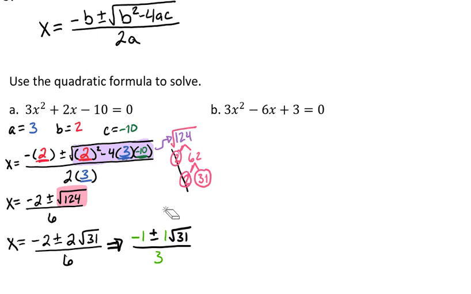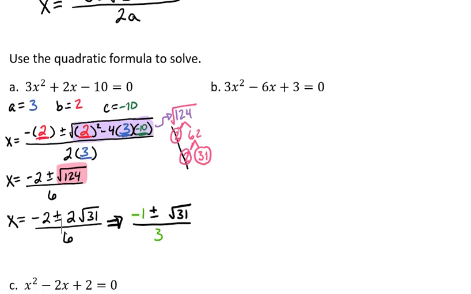You wouldn't necessarily need the 1 right here because we don't usually put a 1 out in front of things. That would be my answer. Of course, you'd have to write x equals as well. Maybe I'll fix that really fast. So x equals, there we go. This is something you could also plug into your calculator to get the decimal equivalent, to be able to check it as well.